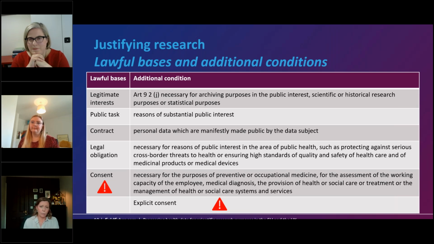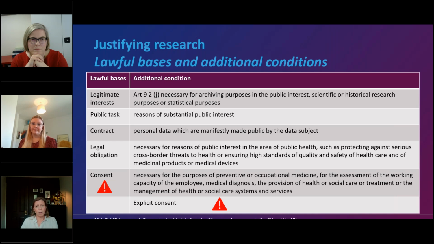I'm not going to go into a lot of detail about that other than to say that's the basic justification for processing personal data overall. But then because we're talking about, as Alex mentioned, special category or sensitive personal data, we're dealing with health, there are additional conditions that you also need to have to justify your processing. And I'm going to spend a little bit of time talking about that in the context of research.